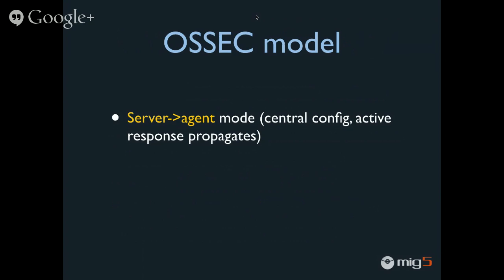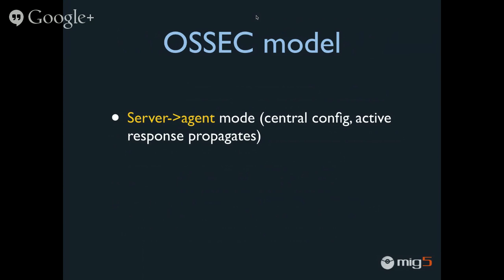Cool. The OSSEC model, in terms of how you can install it in your infrastructure, there's several different ways. Probably the most popular way is the server agent model. If you've ever used anything like Puppet, you've got a Puppet master and Puppet agents talking to the master. OSSEC is very similar. You basically just deploy OSSEC to a server.